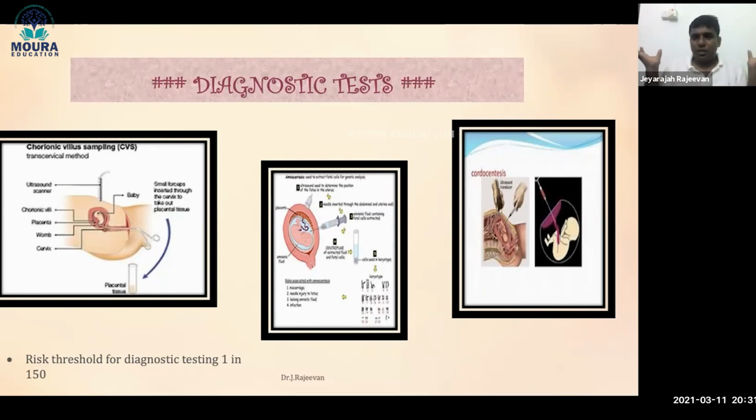Do you understand? The most sensitive test to screen for Down syndrome is cell-free DNA, which is 99%, but we are not frequently doing this test because it's very, very expensive. That's why we don't do it freely. But if you have money, yes.